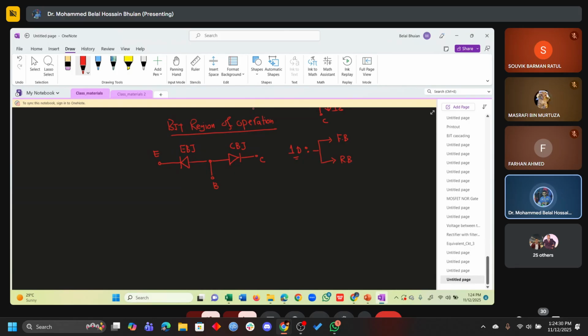And then you have two diodes next to each other, and you want to bias them at the same time. What are the possible ways you can apply voltage to bias each of them? I'm just simply asking, what are the possible ways?